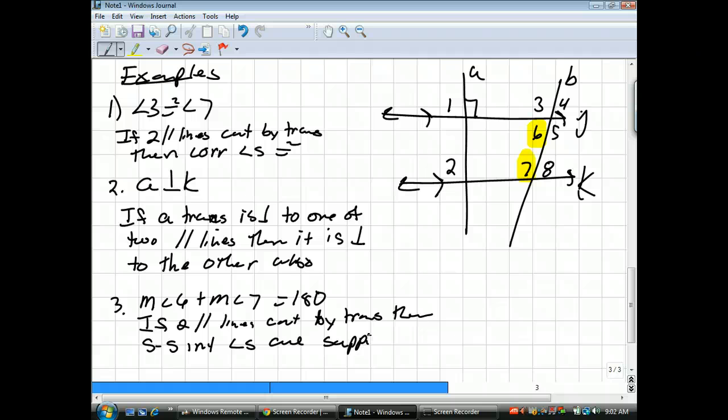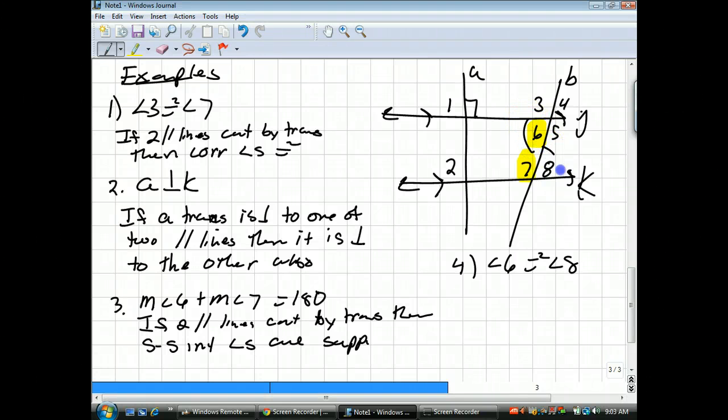All right, then number 4, how do we know that angle 6 is congruent to angle 8? Okay, angle 6 is congruent to angle 8 because, well, what kind of angles are those?